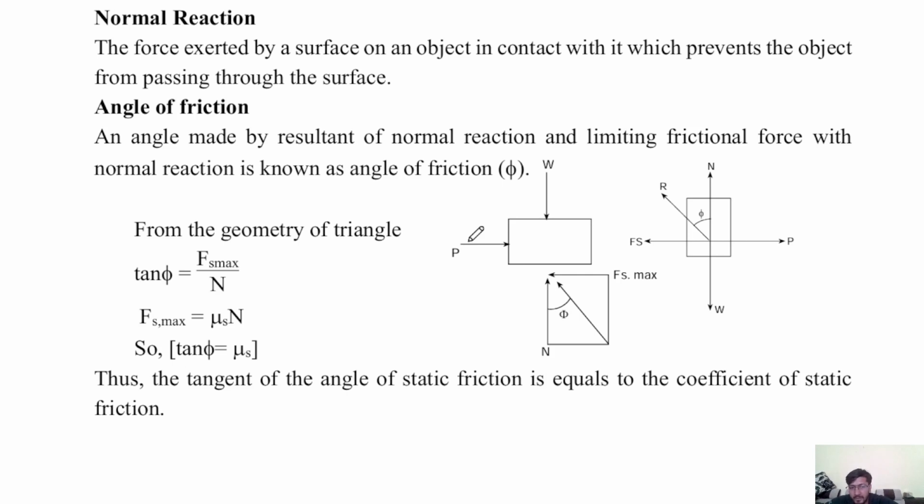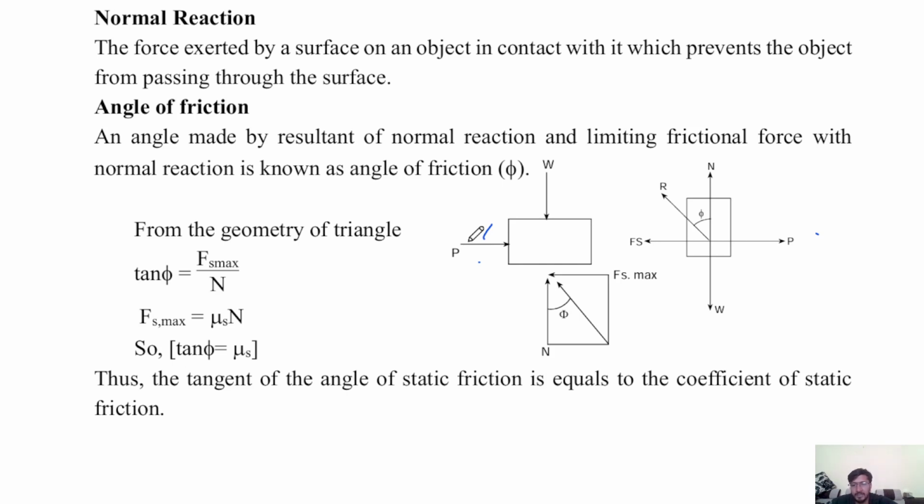An angle of friction means the angle made by the resultant of the normal reaction and the limiting frictional force with the normal reaction, and it is denoted by phi.